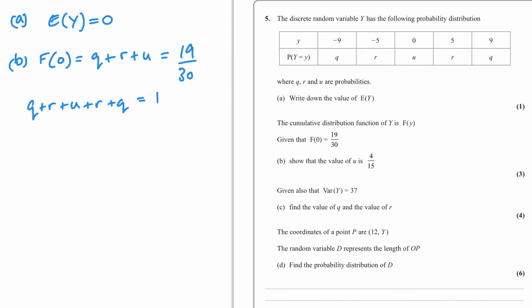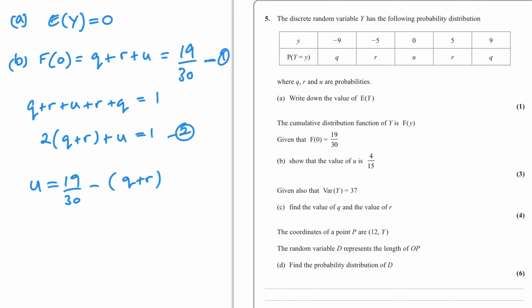So what we can see from this, we've got 2q plus 2r plus u equals 1. So I'm looking at an equation 1 here and an equation 2. Now, if I rearrange number 1 and make it u equals, I've got 19/30 minus that q plus r. And I'm going to substitute that in to this number 2.